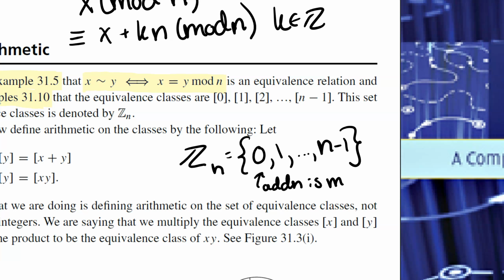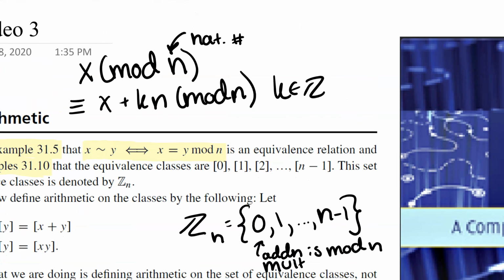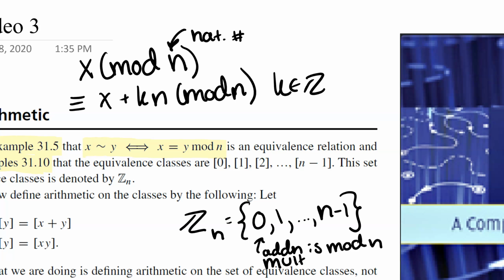So addition mod n, and so is multiplication. Remember, when I taught you mod before, I said we're only really doing addition in this class, but you could look into multiplication because it is fun, or at least I think it's fun. So we're going to go over a little bit of it today.